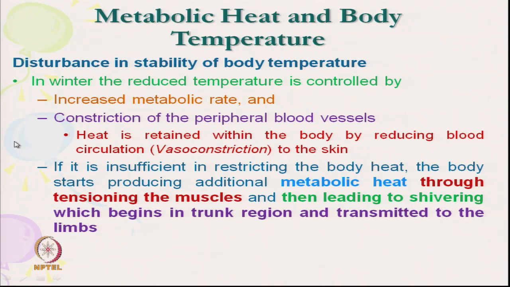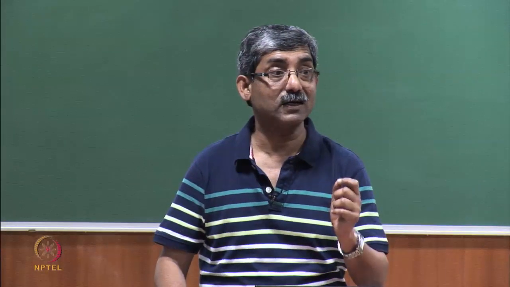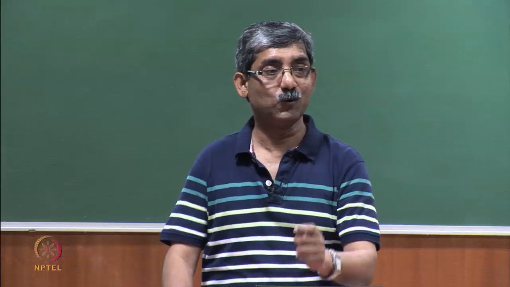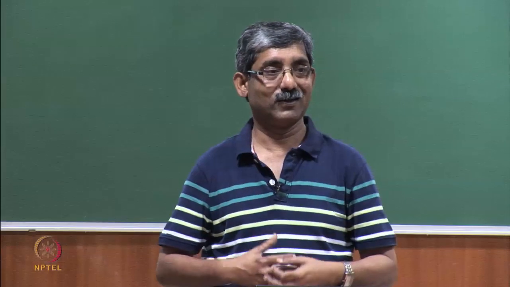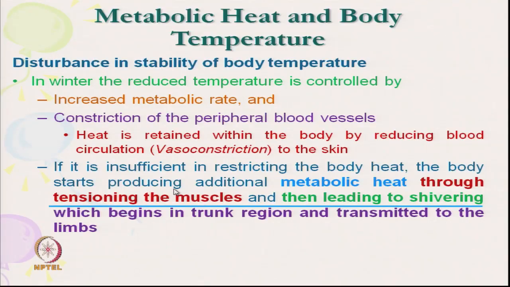And if this system, this total vasoconstriction and metabolic rate that we have discussed, if these are insufficient to retain the body heat, then what happens? Then the body starts another mechanism.